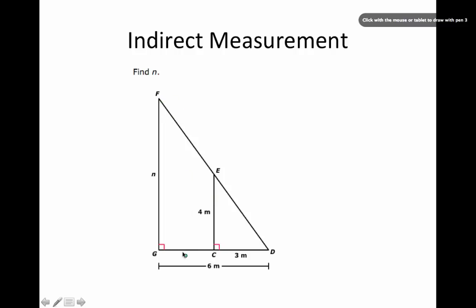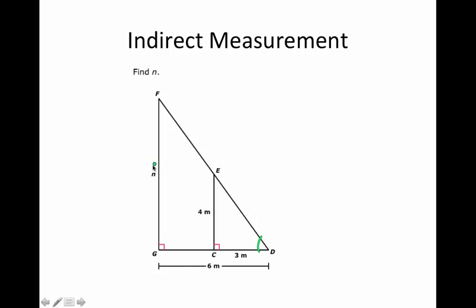You have triangles that have the same 90 degrees, and then they have a shared angle. So what's happening here is I have triangle ECD, and it's nested inside triangle FGD. And those two triangles are similar because of angle, angle similarity.